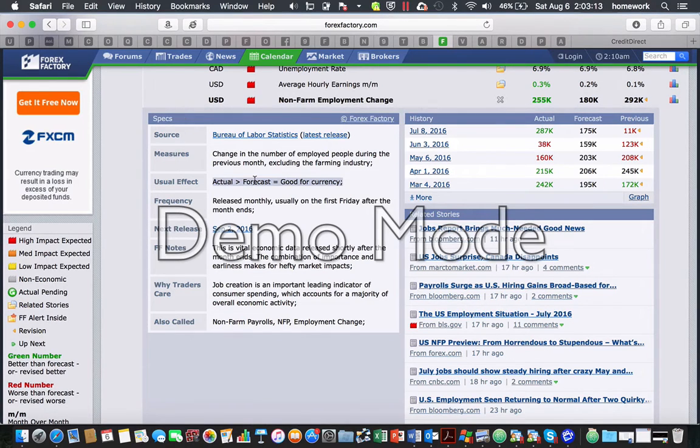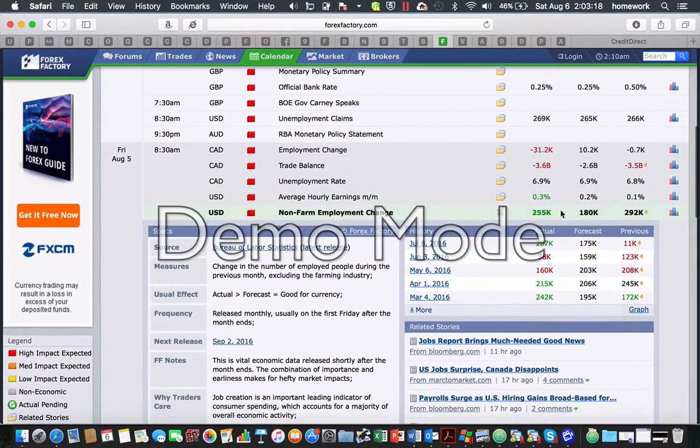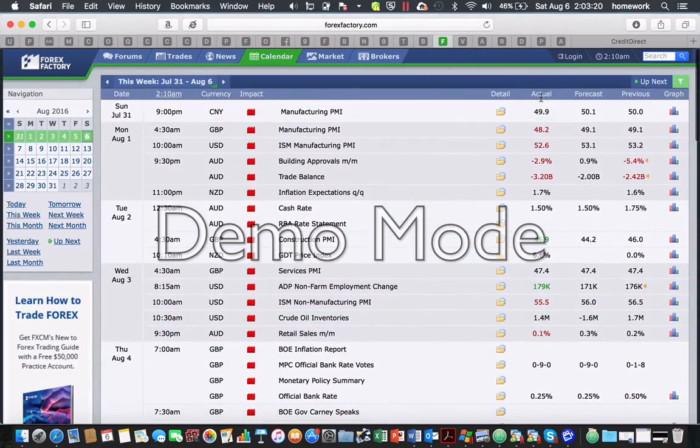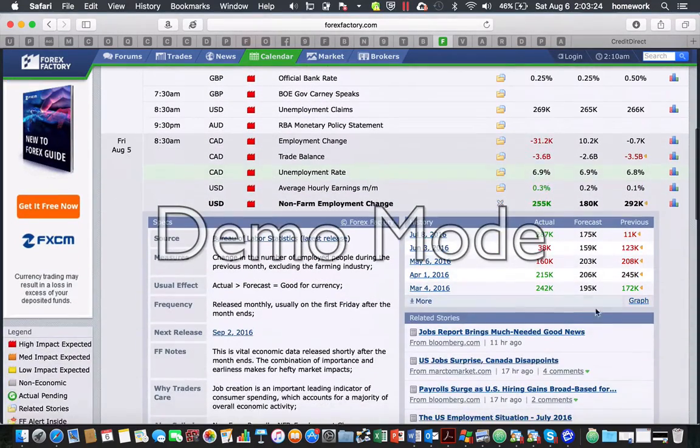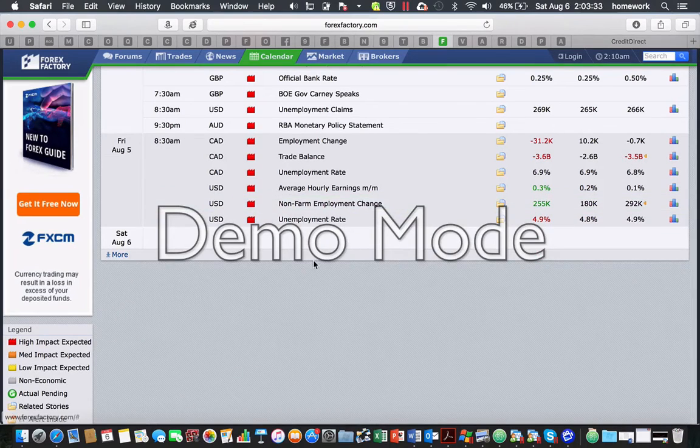This bigger than that equals good for the currency. There's the actual right here, this side is the forecast, and this is previous. The actual looks way bigger than the forecast. So at this point, I'm already thinking, okay, the U.S. economy is good because of the numbers. Like they say, numbers never lie.